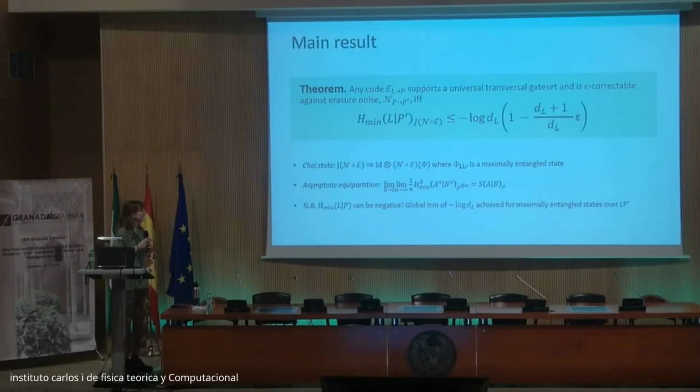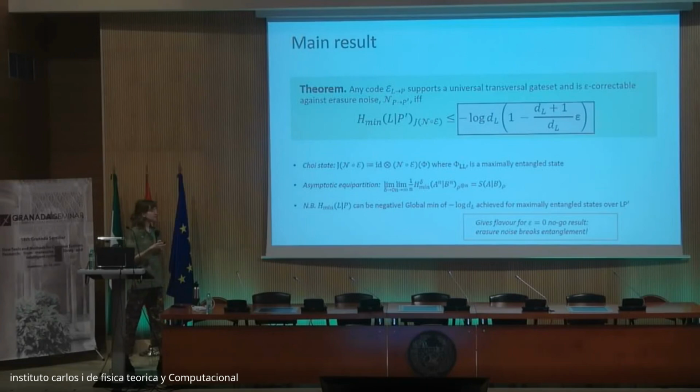And finally, one thing to note is that this conditional min entropy can be negative, and in particular for entangled states it can often be negative. The global minimum value of this conditional min entropy is achieved for maximally entangled states over the two subsystems.